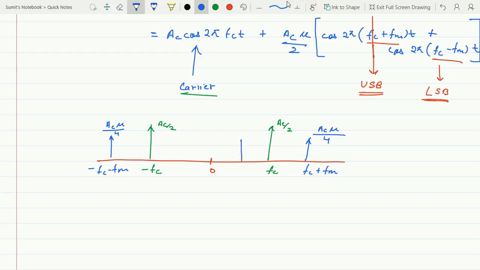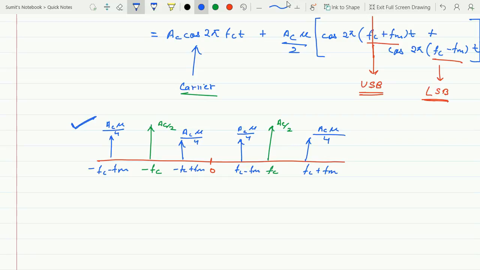So this would come somewhere here, F_C minus F_M, and on this side at minus F_C plus F_M. This magnitude is again A_C mu by 4. So this is the spectrum of the single tone AM expression that we took, and this is how you can sketch the spectrum.